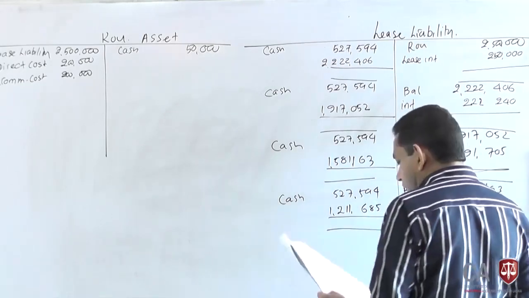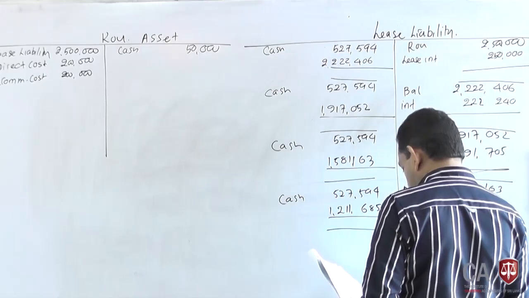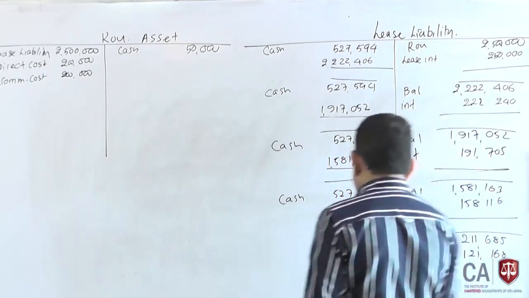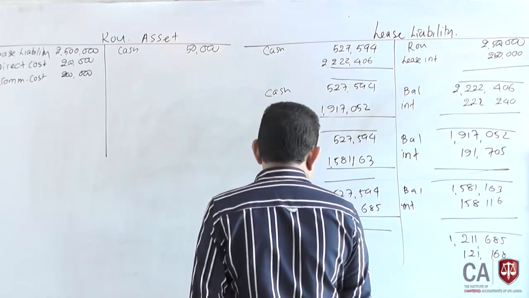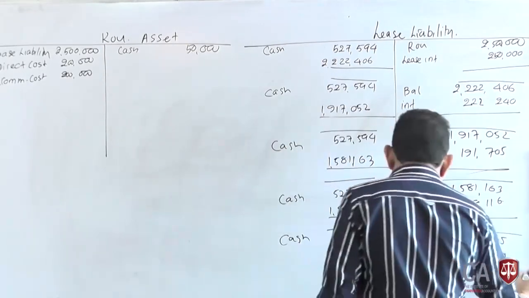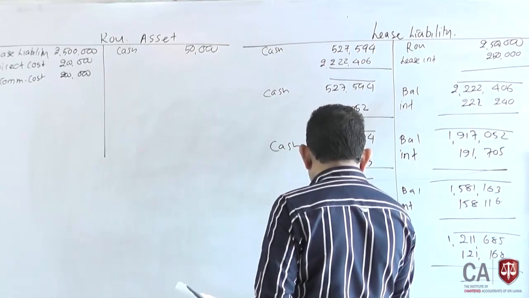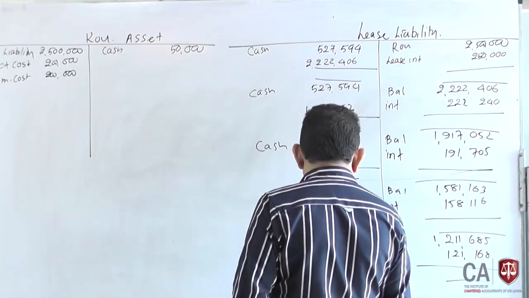1,211,685. Recognize interest now for the last year, 121,168, and pay the installment for the last year, and then the balance has to be 805,255.